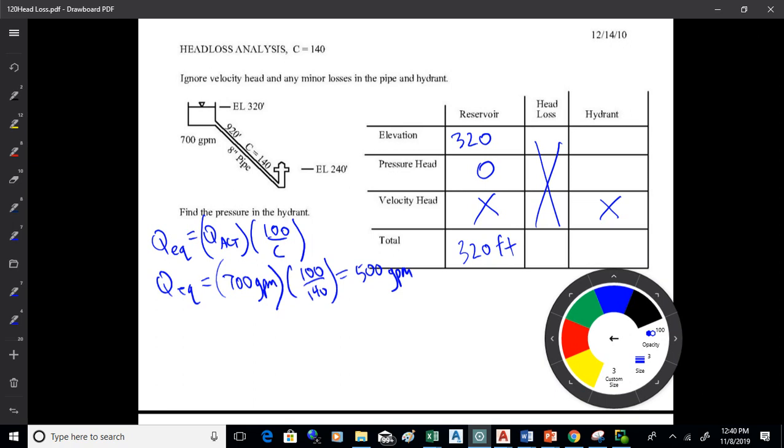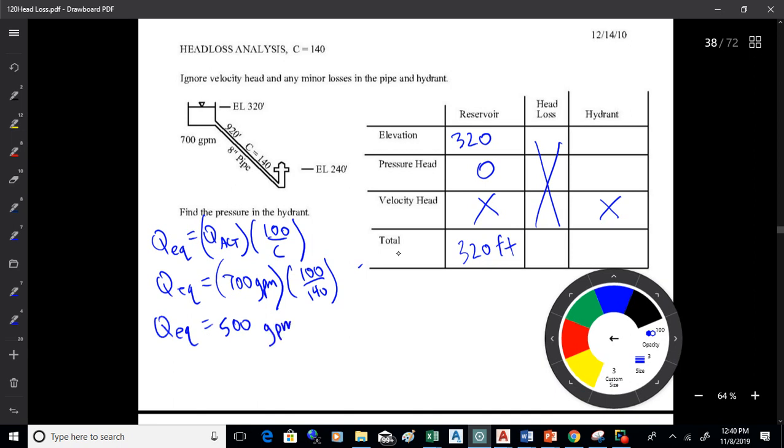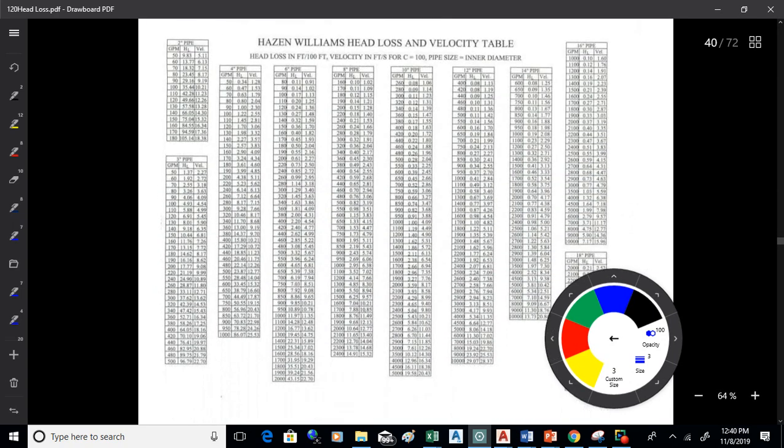When you're working with the table, you use the equivalent flow. So for 8-inch pipe, not 700 this time but 500, the head loss is 0.82. That's 0.82 feet per 100.